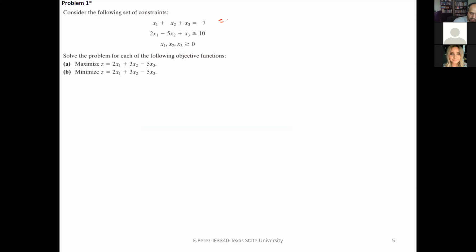This is going to be the same: x1 plus x2 plus x3 equals 7. And this is going to be 2x1 minus x2 plus x3 minus e1 equals 10.